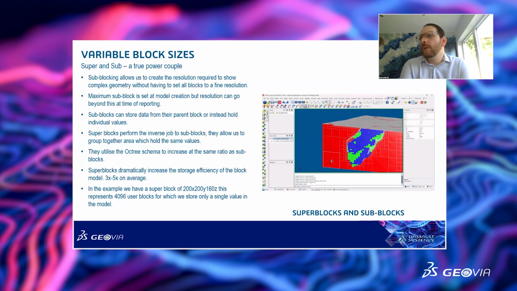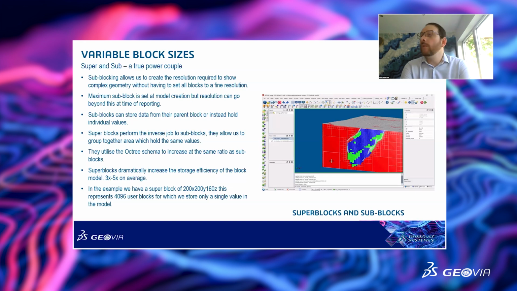So you set that sub-block resolution at the start of model creation, and away you go and use it. But not everyone's fully aware that that's not the lowest resolution we go to. It's not the highest precision we can go to inside of Surpac. When you're reporting, you can go beyond that minimum sub-block into even smaller blocks if you want to get higher precision against your geometry constraint.